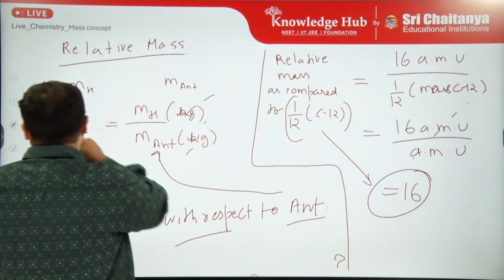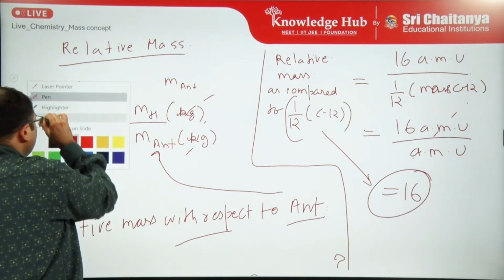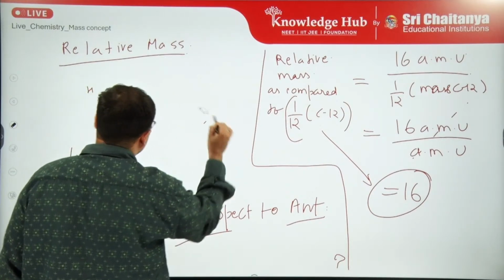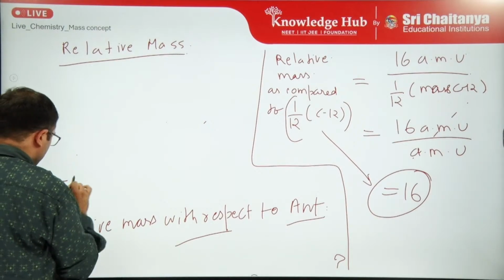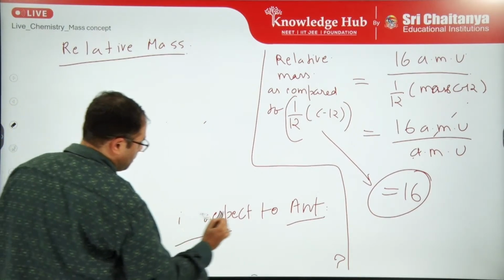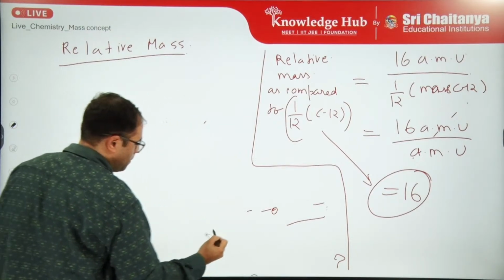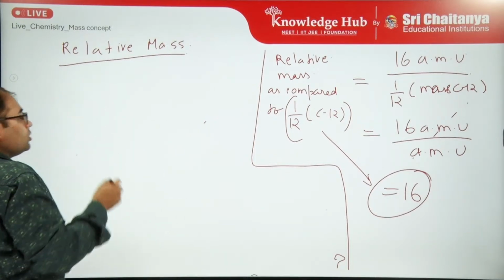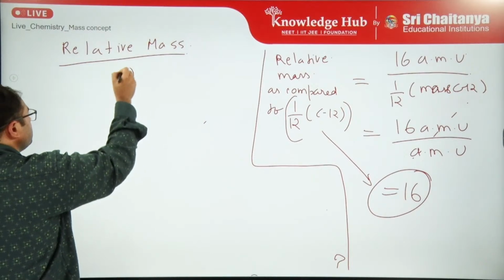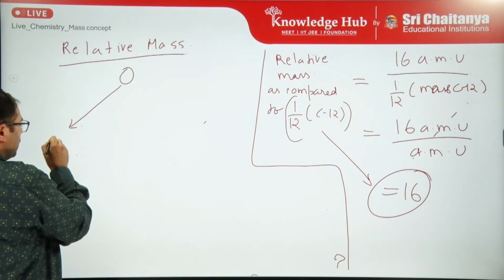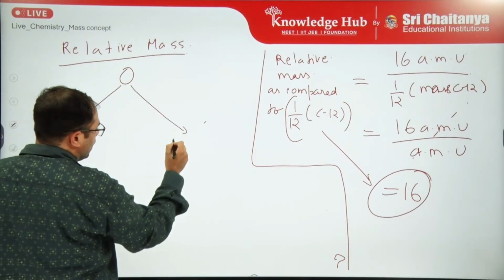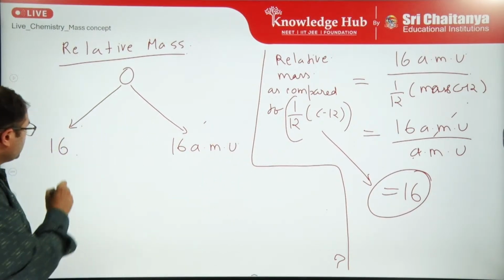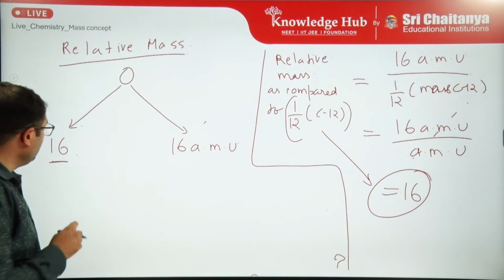So now with this complete analysis, if I write here oxygen, I write here 16 and write here 16 AMU. What is this 16 value?